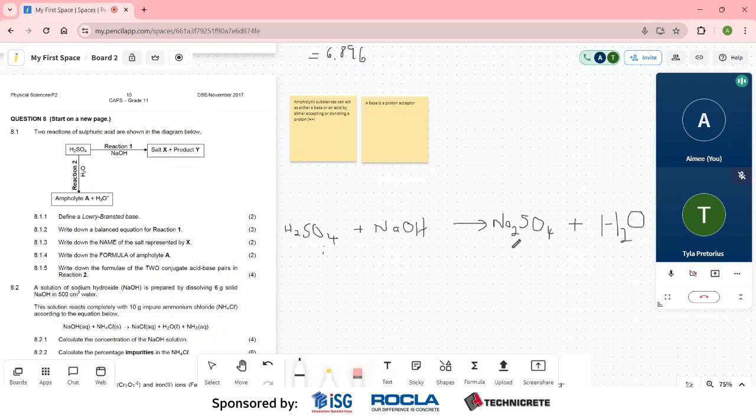Okay, but we don't know now if this is balanced. Okay, so they're going to want multiple things from us. They're going to want our state of matter, little descriptions here.